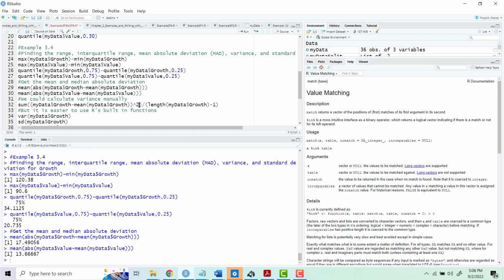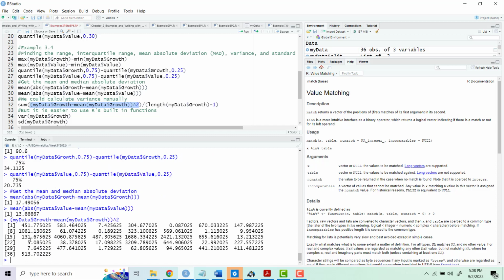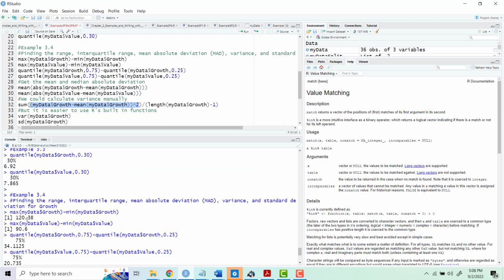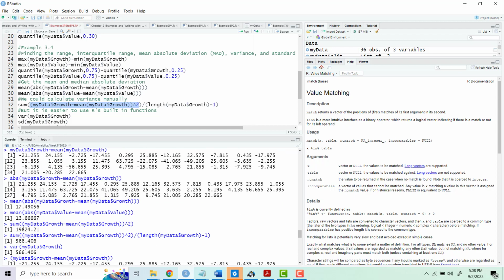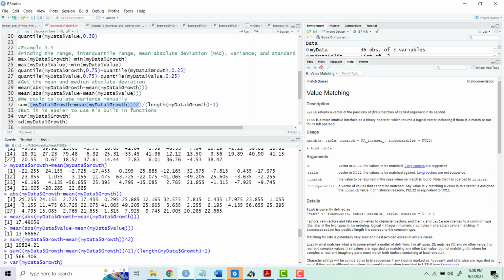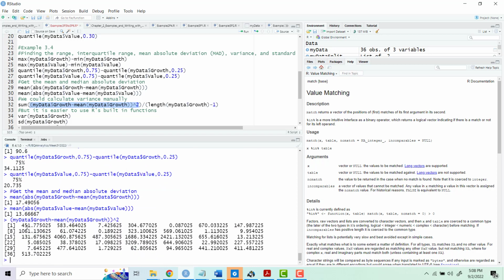Now what we could do is replace the ABS with a square, so we get the squared difference between the values and the mean. The absolute difference for the first one was 21.255, and now the squared difference is 451.